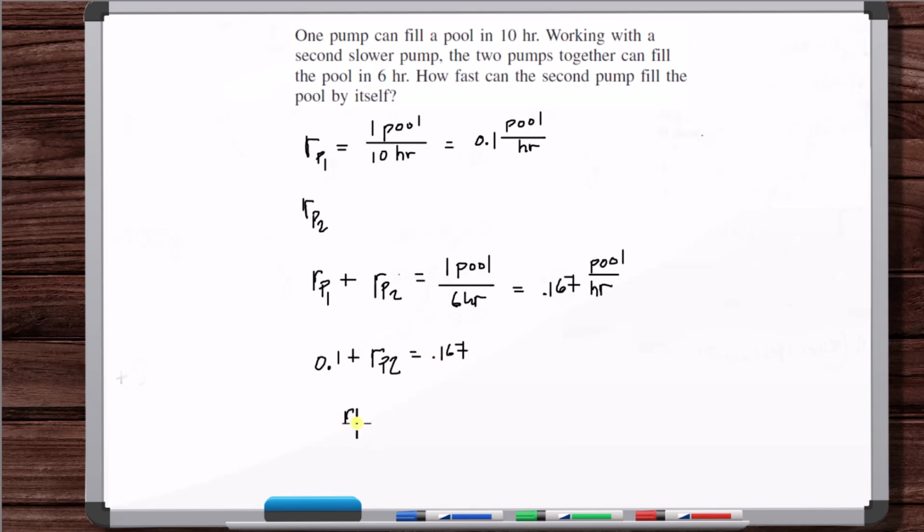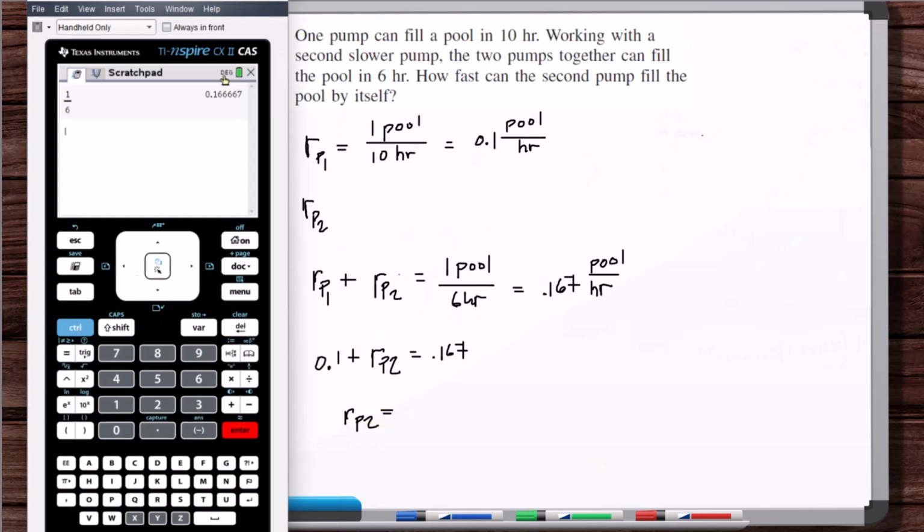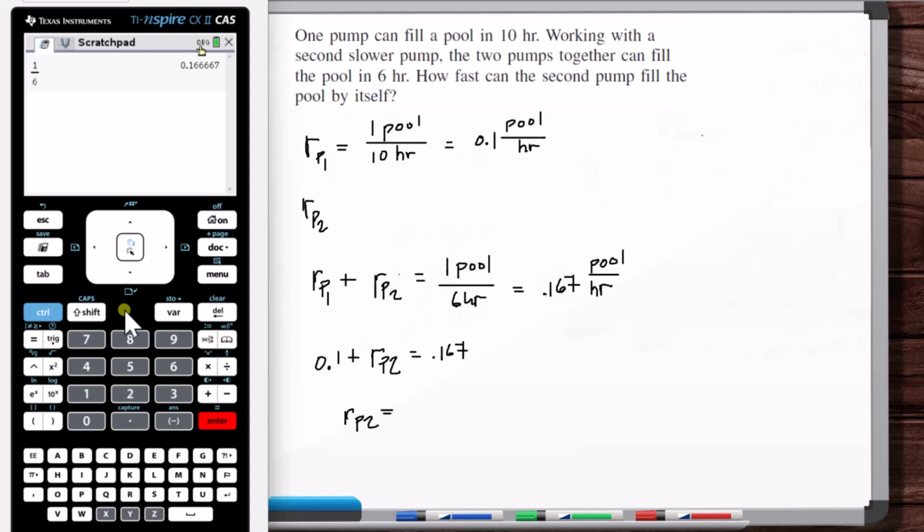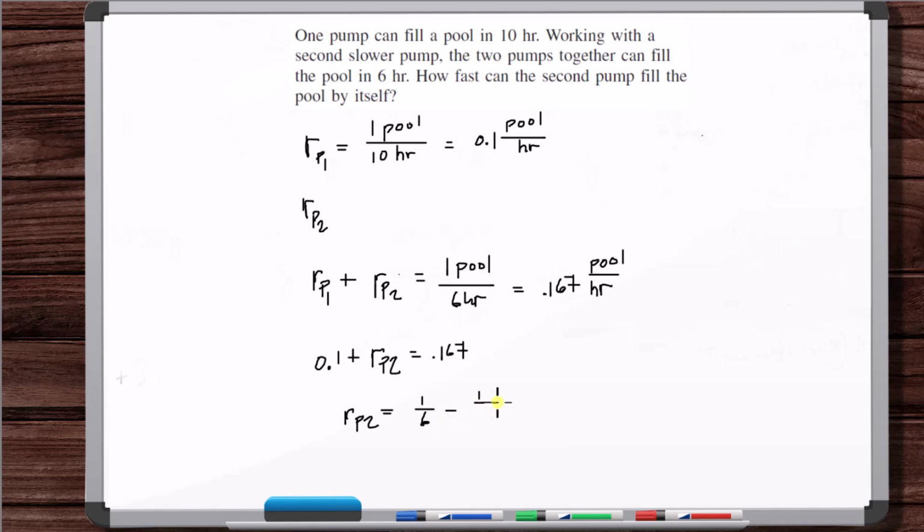Subtract 0.1 on both sides, and you get, so this is 1/6 minus 0.1. So, I mean, let's do 1/6 minus 1/10.